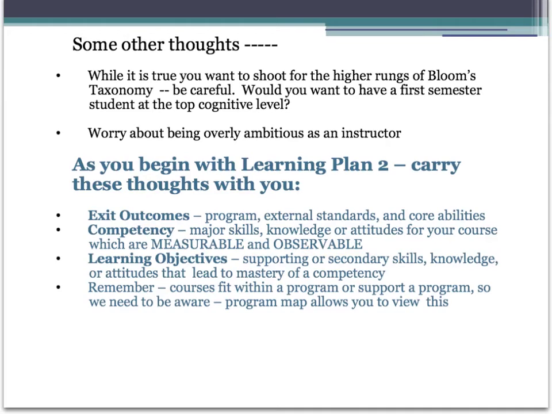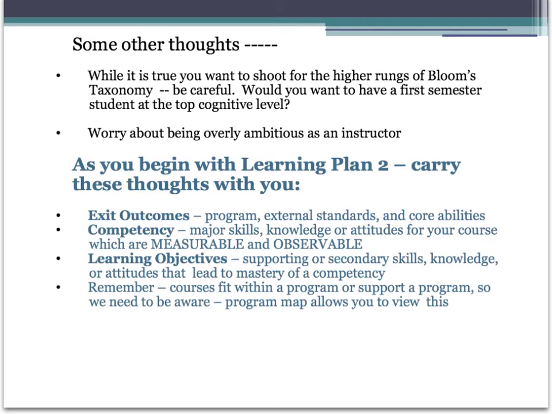A lot of times in programs we find that we have really poor retention the first semester. And is the poor retention possibly a cause of how the curriculum was written and what the outcomes of that particular course are? Are we trying to get our students to do something too high of a level that they're not prepared to do? So just something to think about.